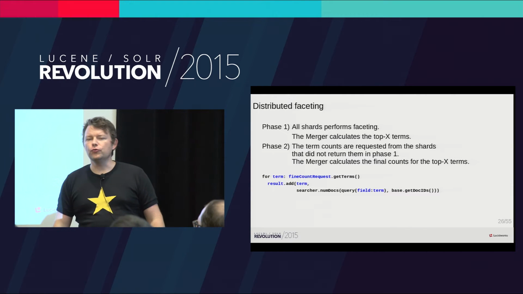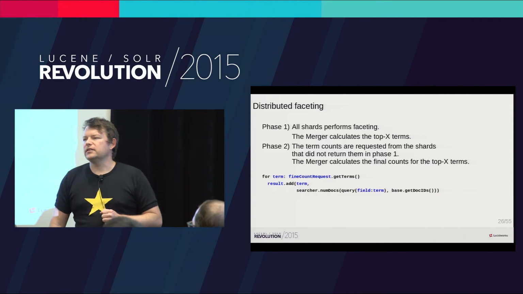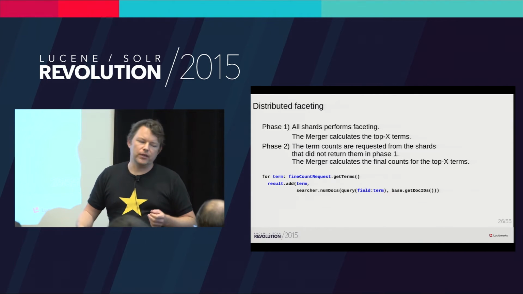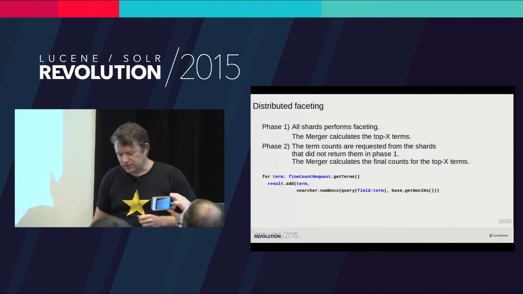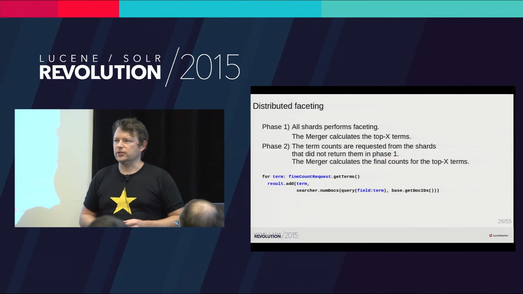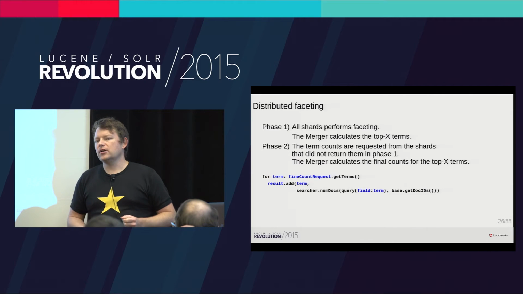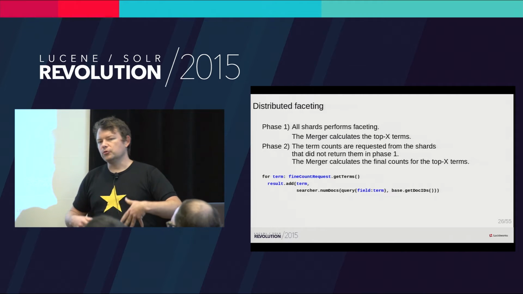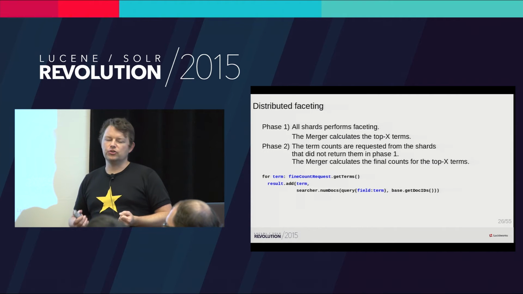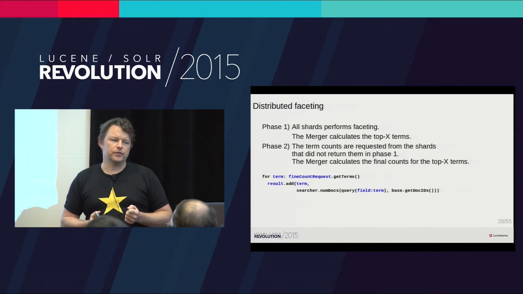Good. Two-phase was asked. Well, it's kind of boring faceting on a single shard because everything is SolrCloud these days. So what is happening here is we're turning to distributed faceting. Distributed faceting differs from single shard faceting in that sometimes it's necessary to make a second call to the shards in order to fine count some of the terms that we have discovered.